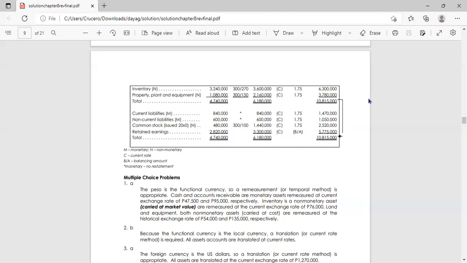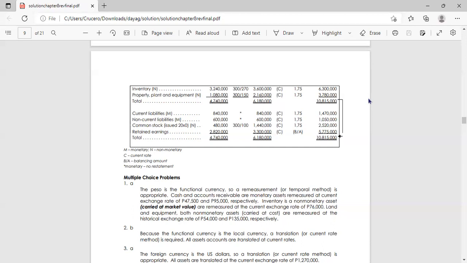The non-current liabilities are still converted by using the current rate, and the common stock issued in 20x0 for 300. That's the present rate divided by 100, the date when the common stock was acquired, and we multiply using now the current rate.